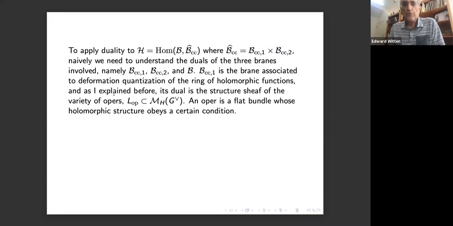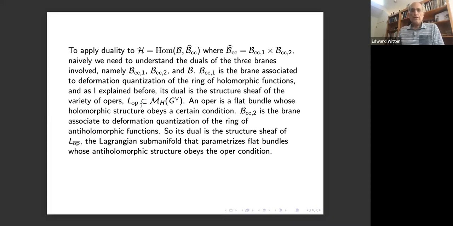And as I explained before, its dual, as originally found by Beilinson and Drinfeld, is the structure sheaf of the variety of opers. An oper is a flat bundle whose holomorphic structure obeys a certain condition, which I'll introduce later. Some will be familiar with it. If you're not, just imagine it's some condition that we'll state later on the holomorphic structure of a flat bundle. And it defines a Lagrangian submanifold, which I'm calling L pair.